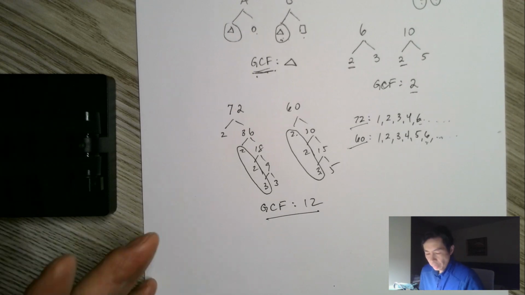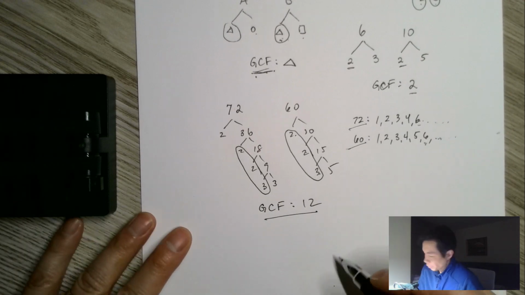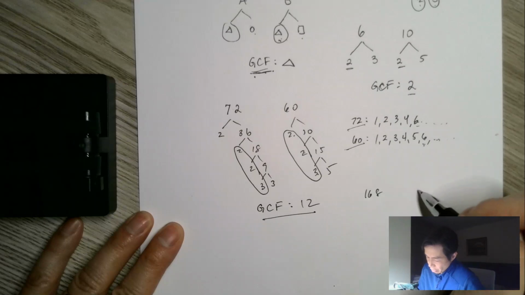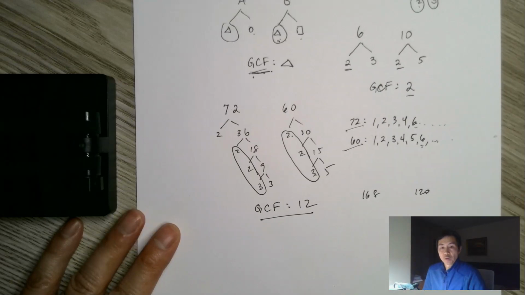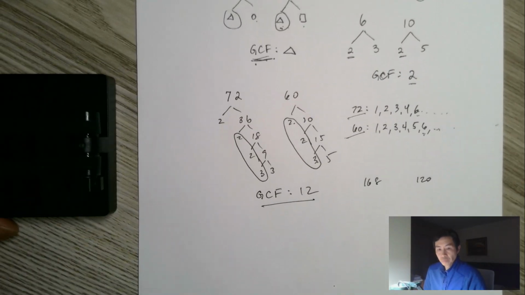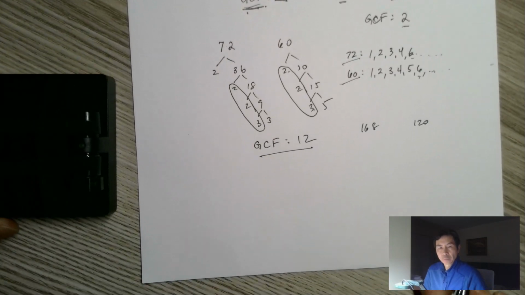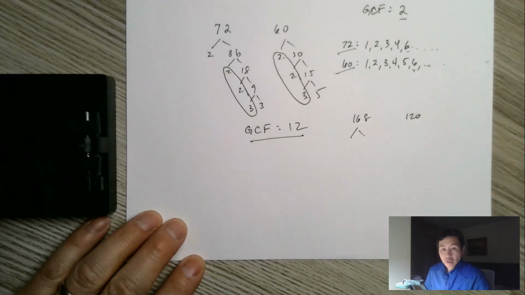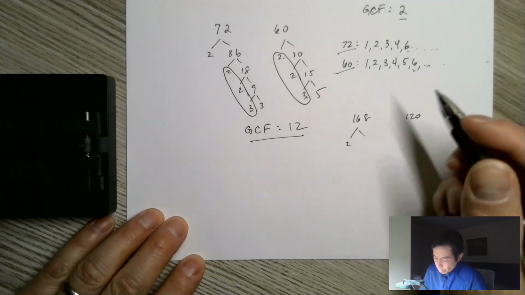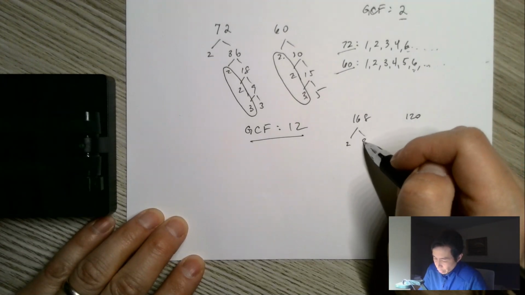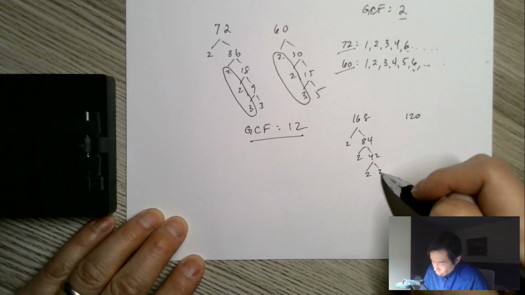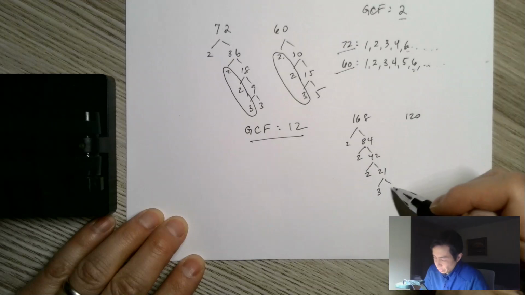To support my point, let's try another pair. We're going to go with 168 and 120. Okay, so 168 is even, so I'll use 2 again. That's 84, 2 and 42, 2 and 21, 3 and 7.